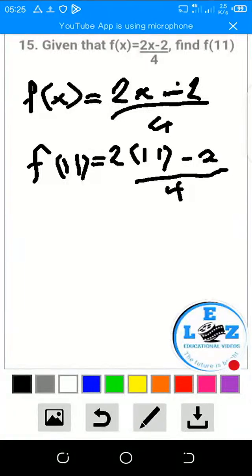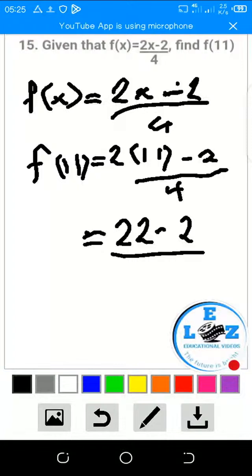Then we say equals 2 times 11 will give us 22, minus 2 over 4. So 22 minus 2 will give us 20 over 4. Then we divide 20 by 4, and 20 divided by 4 will give us 5.